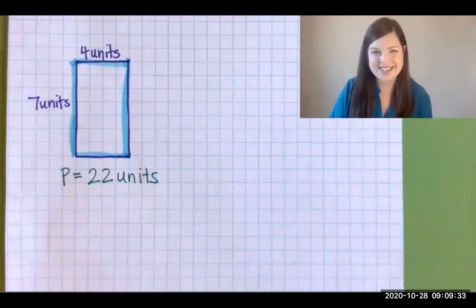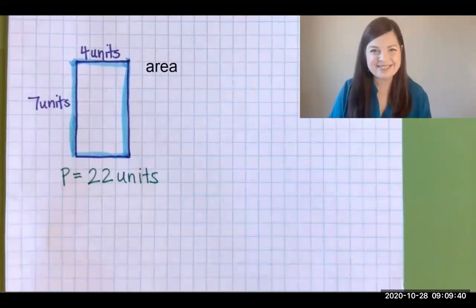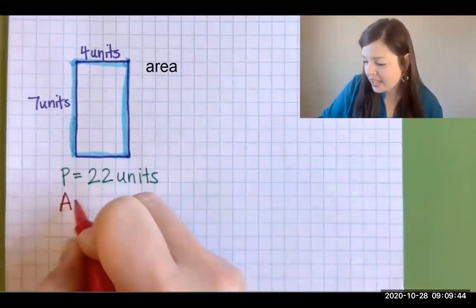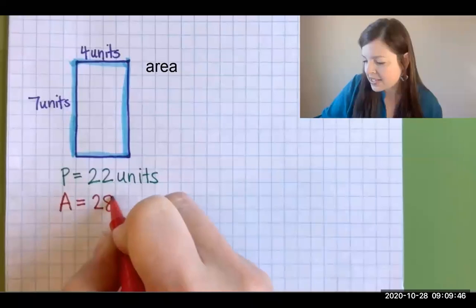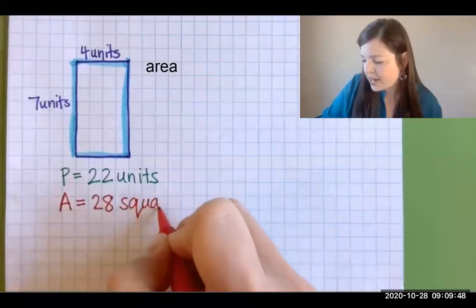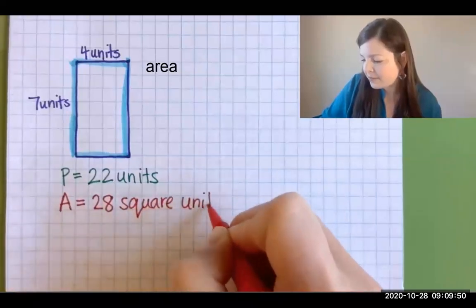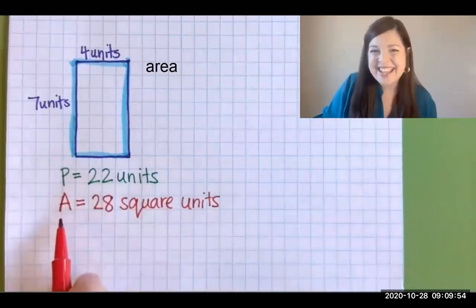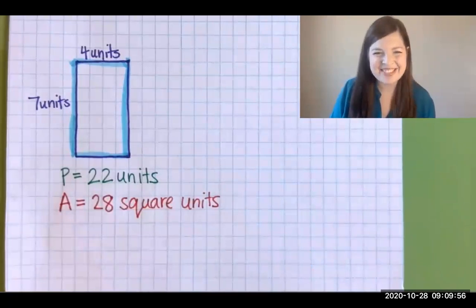What measurement did we find? We found the area. Everyone say area. And we can write A equals 28 square units.